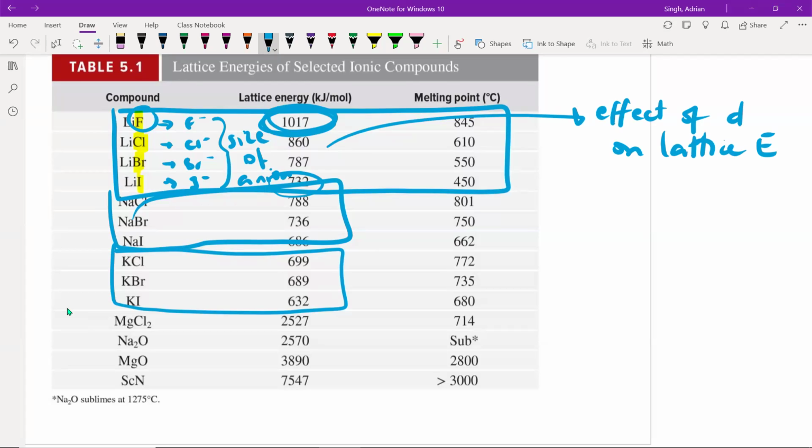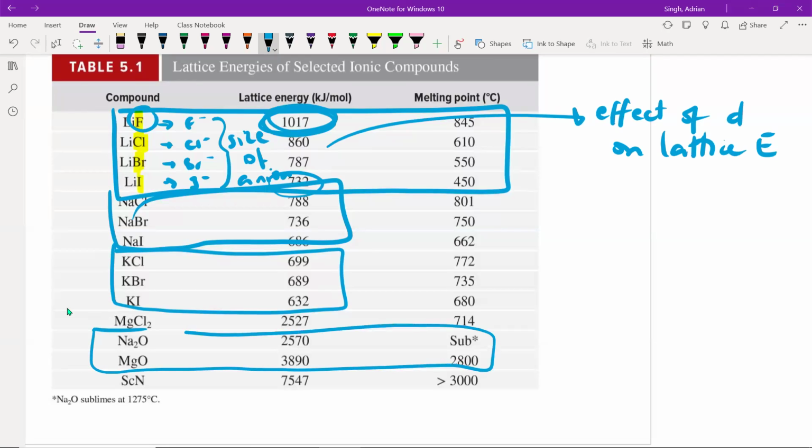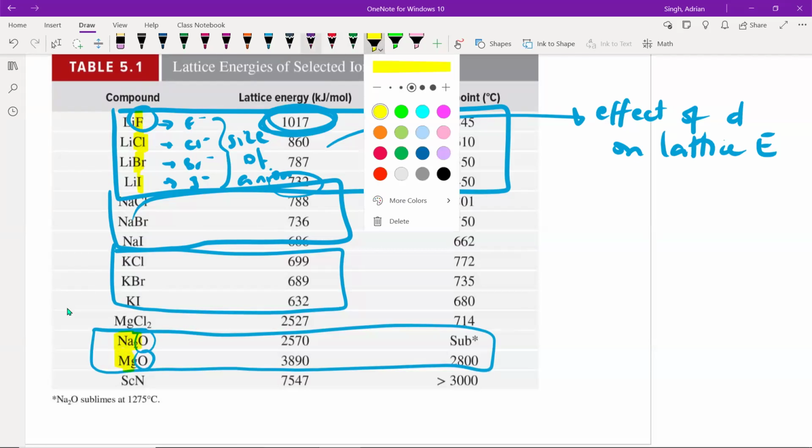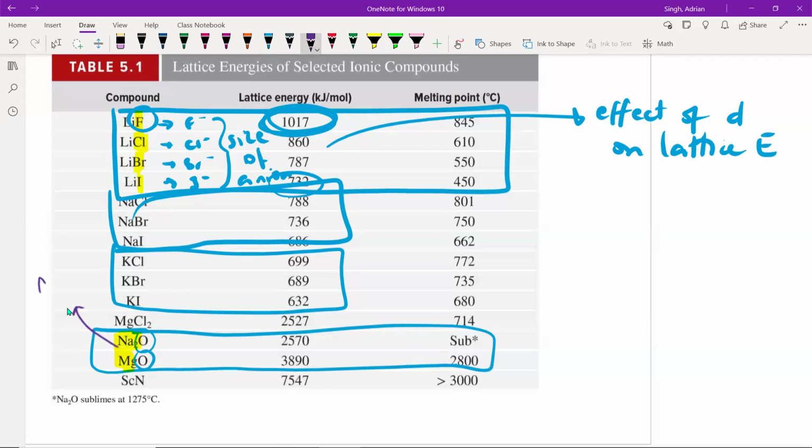So for example, if we look at these two, the sodium oxide and magnesium oxide, here the oxide ions are the same, right? So we have the O2 minus, that's common to both of them. How are they different? They are different in terms of the cations now, right? So the sodium ion is a 1 plus, whereas the magnesium is a 2 plus.